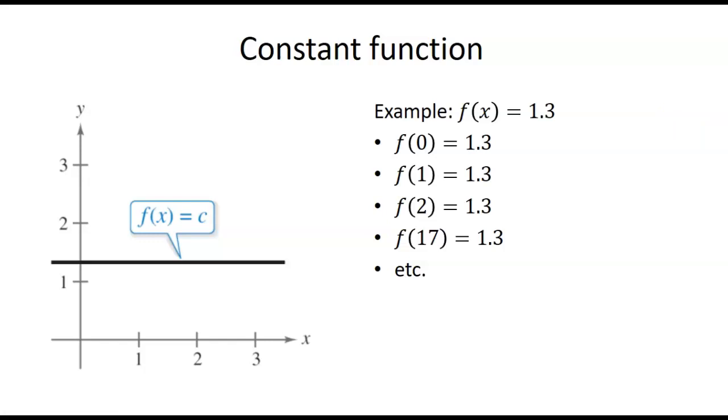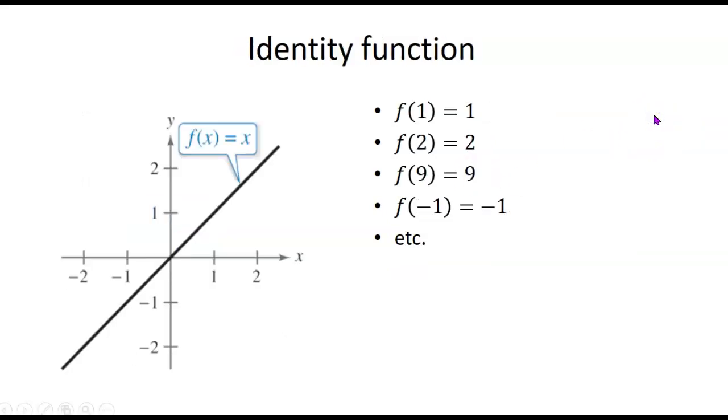And then the second simplest function you could possibly have would be a function where no matter what you put in, you always get that exact same number out. So that function is the identity function. F of 1 is 1. F of 2 is 2. F of 9 is 9. F of -1 is -1.